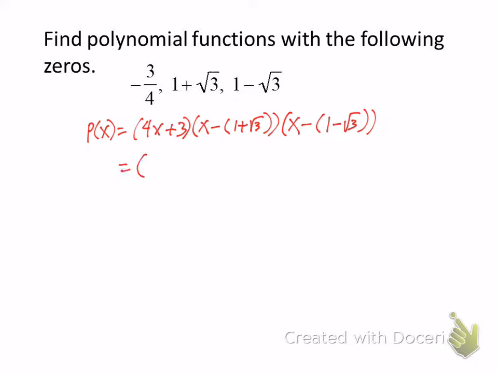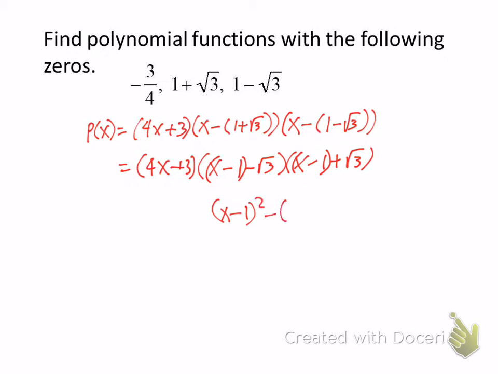Just rewriting that, that will be x minus 1 minus rad 3, x minus 1 plus rad 3. Regrouping that in there so I can have a difference of squares, I get x minus 1 squared minus rad 3 squared.